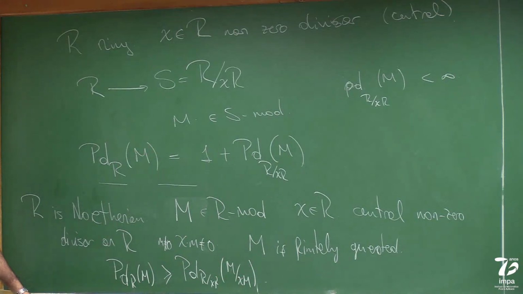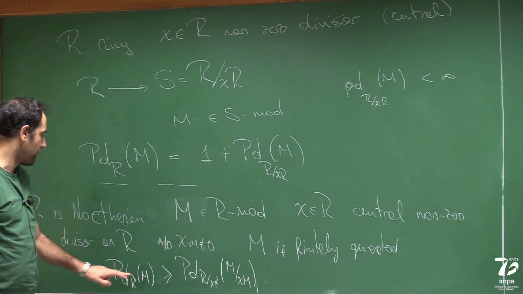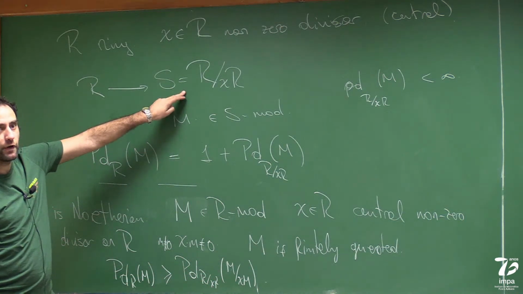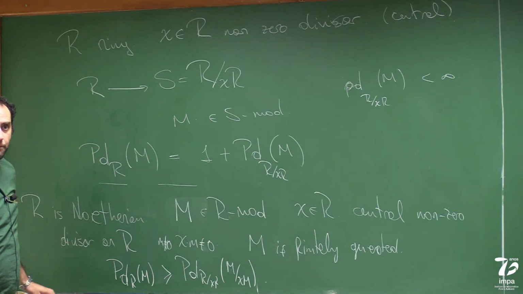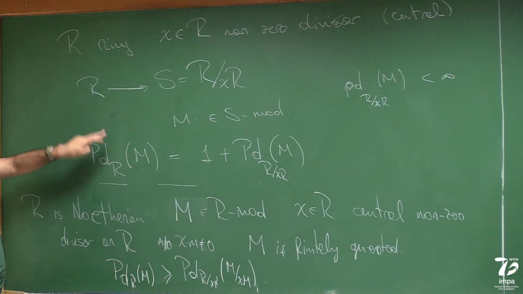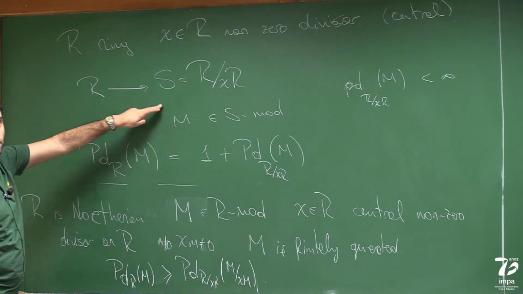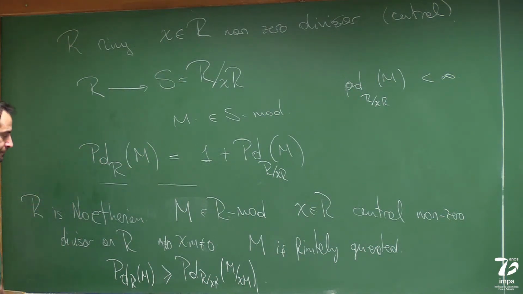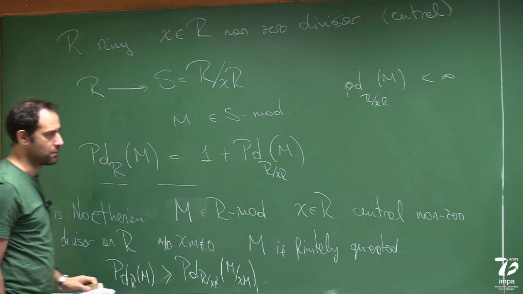So this module here is obtained from the module M by tensoring over R with this ring S, whereas this module M here as an R module is obtained just by restriction of scalars. So these are the two theorems that we proved so far.